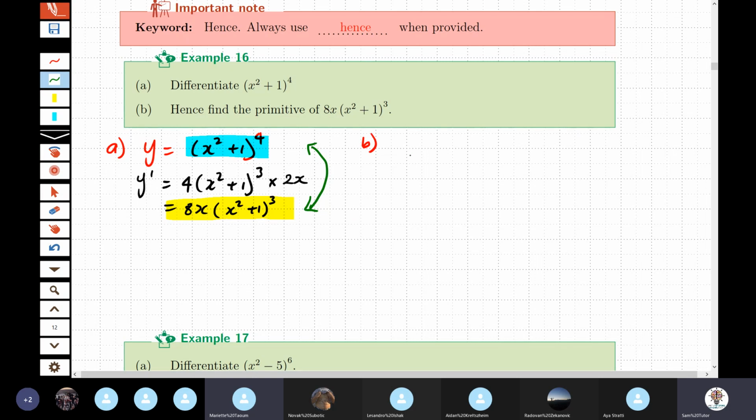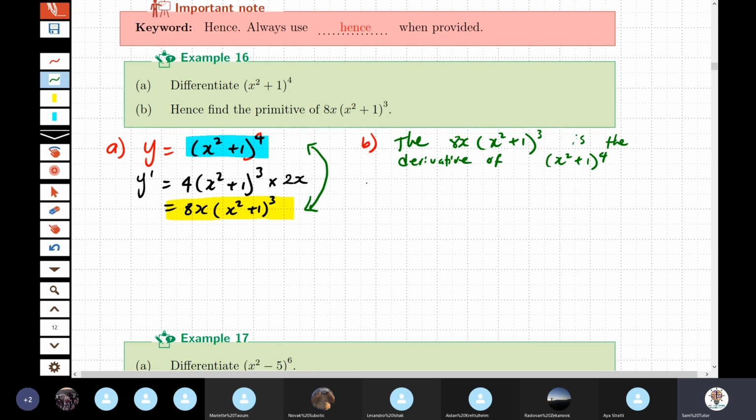So one more time. 8x(x squared plus 1) cubed is the derivative of (x squared plus 1) to the power 4, which is exactly what we just did. We found out that the yellow bit is the derivative of this.